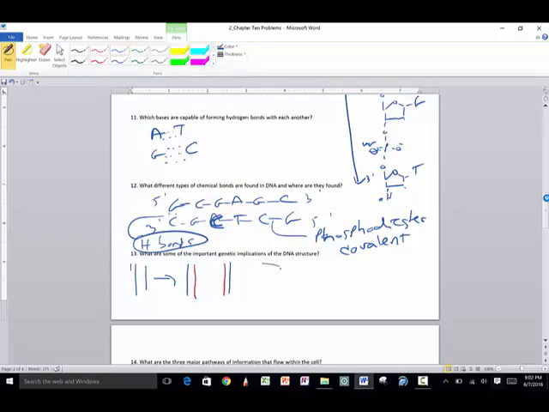The fact that it's double-stranded means it's stable and it doesn't form weird different structures. So it has to be stable if it's going to store all the genetic information and pass it down from generation to generation. So basically, the genetic implications are that it can do those four things that we showed up at the top.